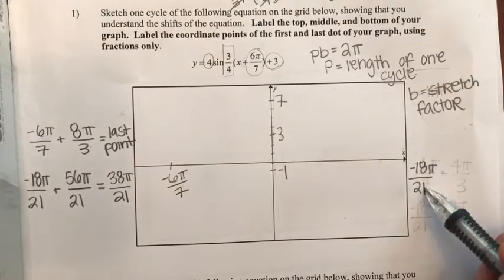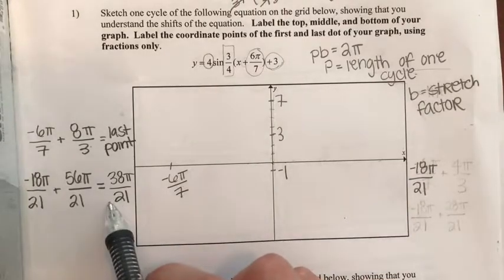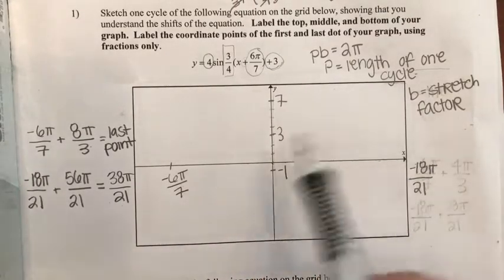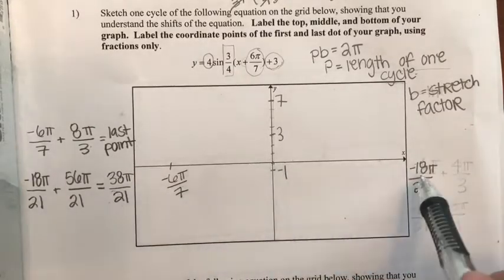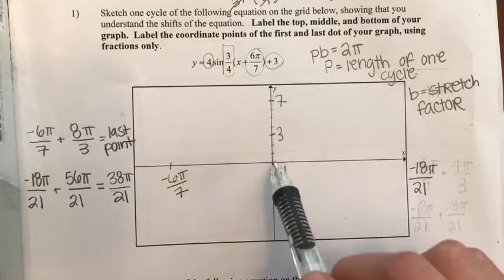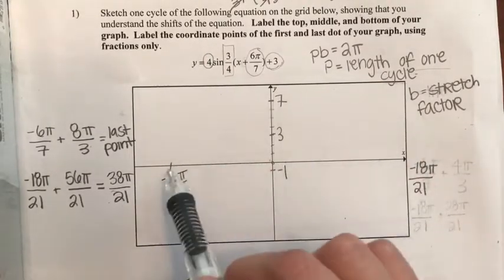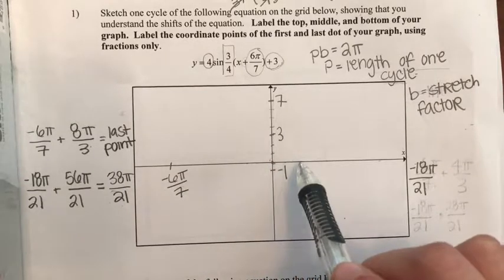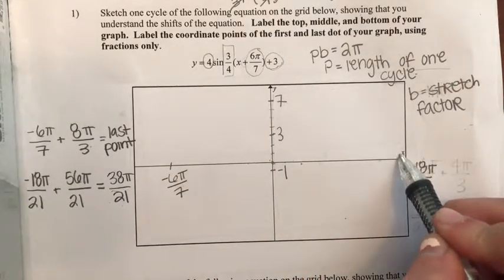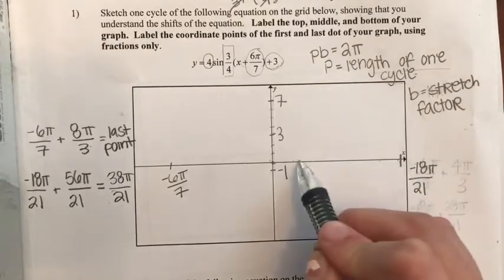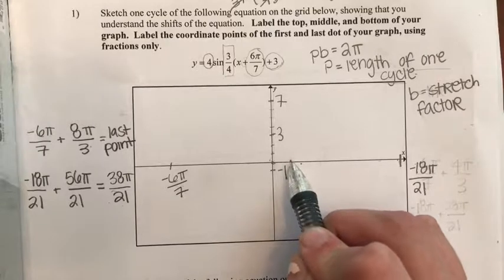So this is another way of wording our first point, and this is our last point. And which one is bigger from 0? 38 is bigger than negative 18 from 0, so that means that this point is going to be farther away from the y-axis than this point is, making the middle point on the positive side. So 38 pi over 21 is going to be more over here, making the middle of these 2 points more on this side of the y-axis.